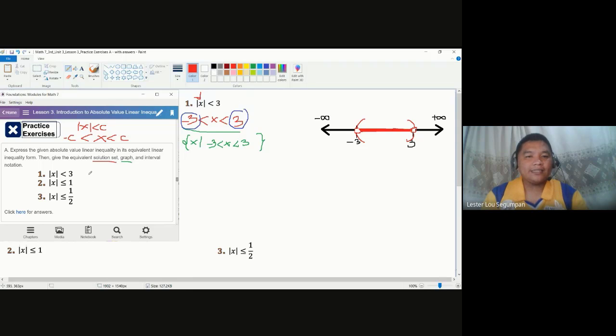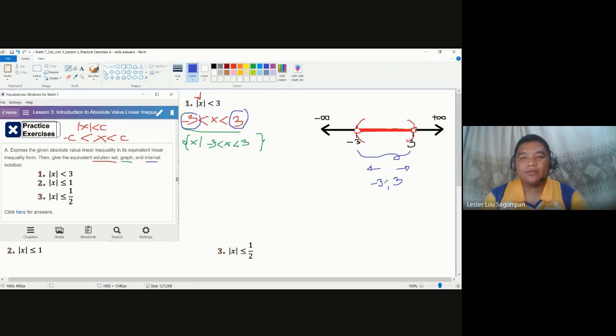Now, for our interval notation, we simply look at this area here. The rightmost point is +3. The leftmost is -3. Separate them by a comma, and then enclose them in either parentheses or brackets.